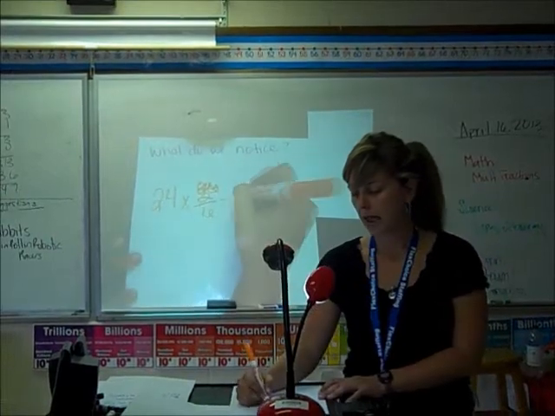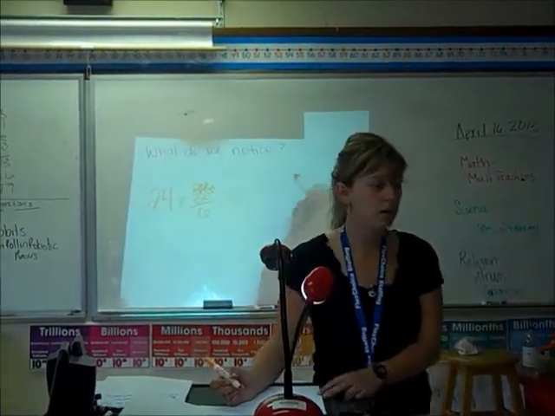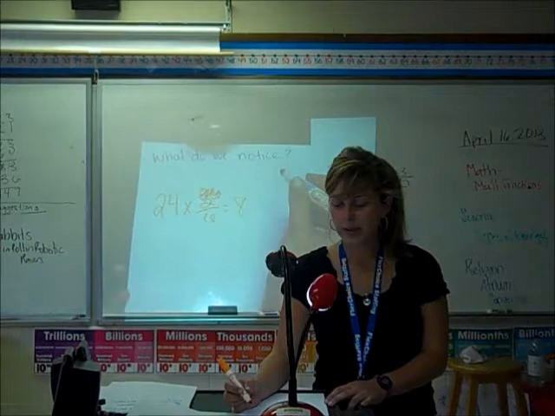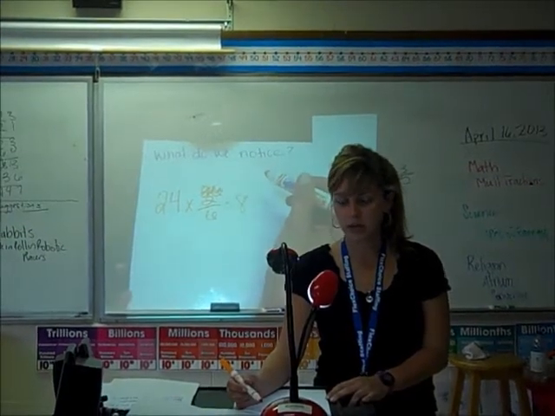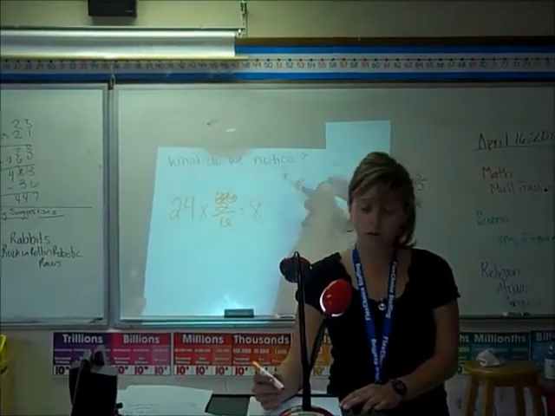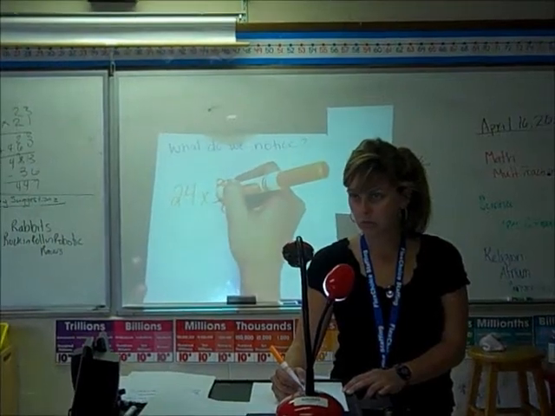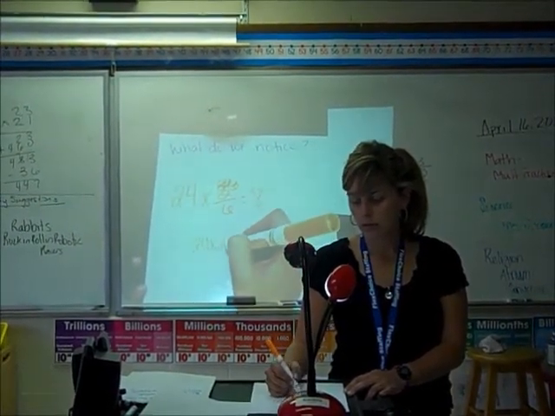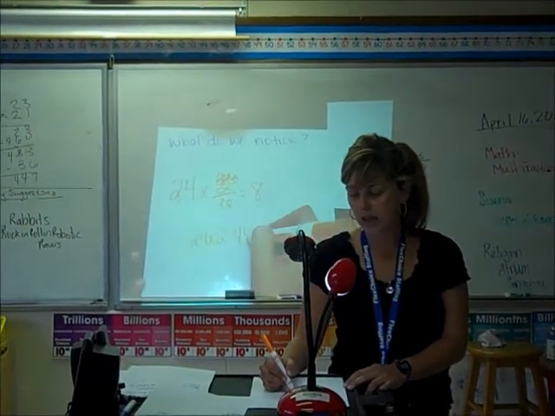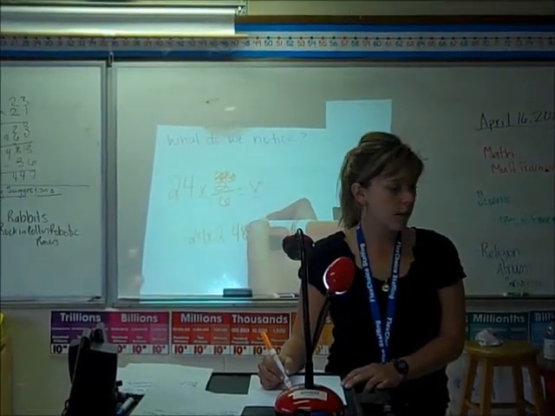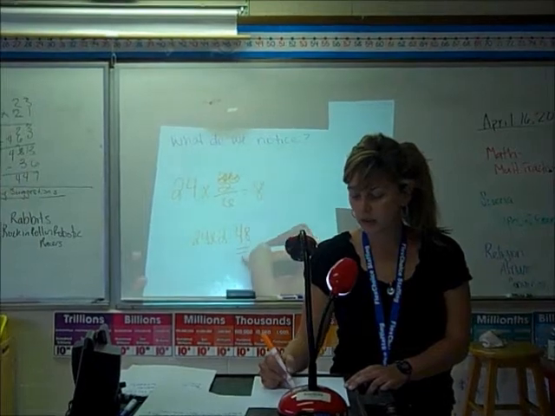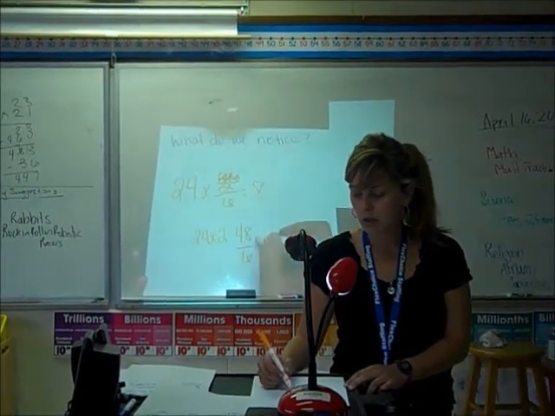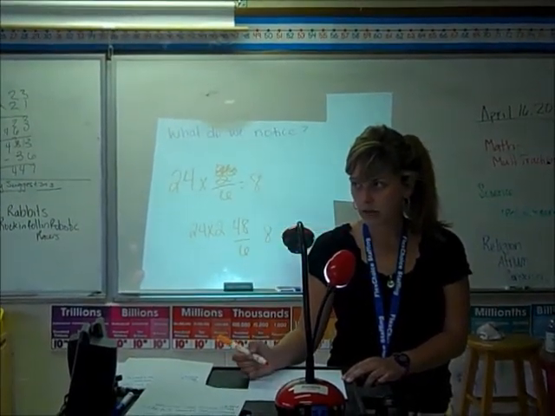Evie? 8. We had 8. Alright, and what Charlie said we could do was 24 times 2, which gives us 48. And then we divide by 6 because that's what our denominator is. And we get 8, correct?